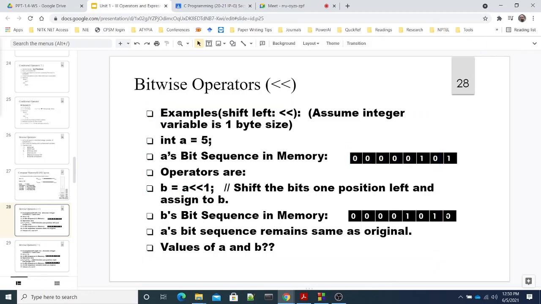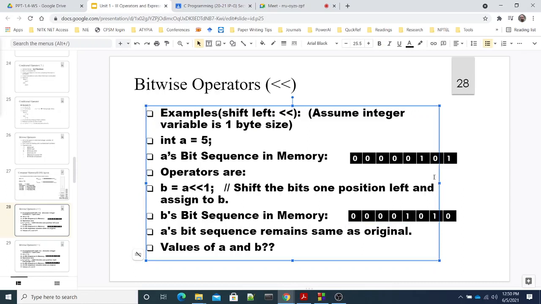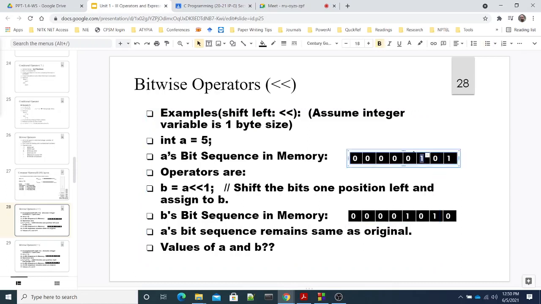If I do that, this is the output I get. The resultant bit sequence will be this. That means this 1 is shifted to the left towards this position, I get it here. This 0 is shifted to this position, I get it here. This 1 is shifted to this position, I get it here. And at the extreme right, 0 is inserted. So when I am shifting towards left, at the right end, zeros are going to get added.